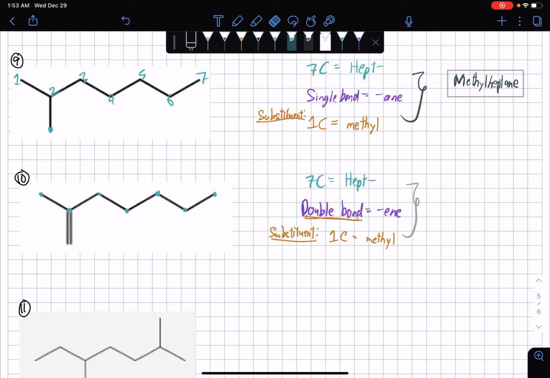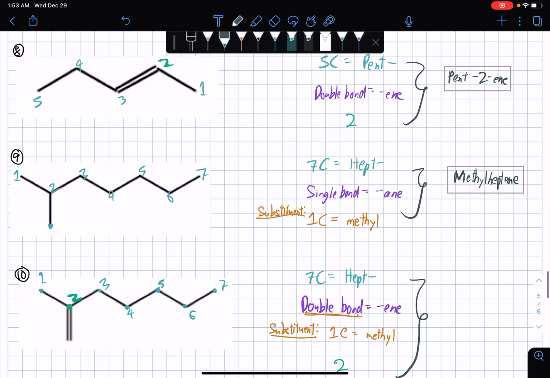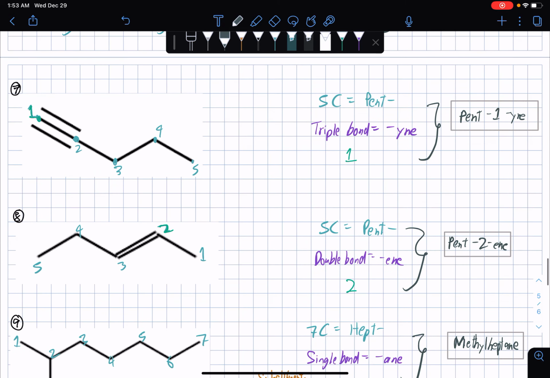So let's combine all those. Actually, because we have a double bond, let's count. 1, 2, 3, 4, 5, 6, 7. Let's place the green annotation. So carbon 2 connects with the substituent. Therefore, we place 2 here. And yeah, that's the green number that we've been saying since a while ago.